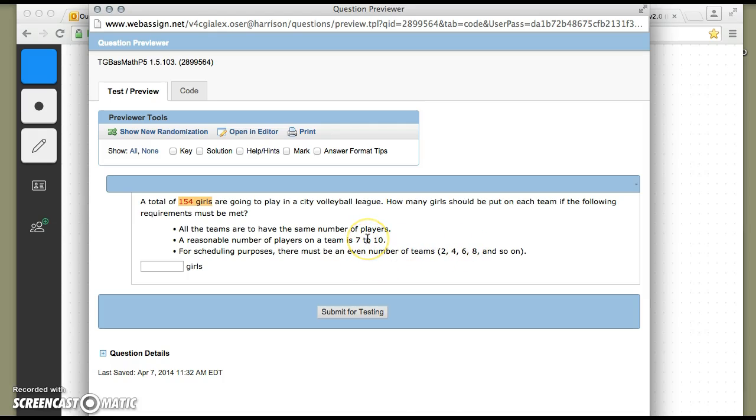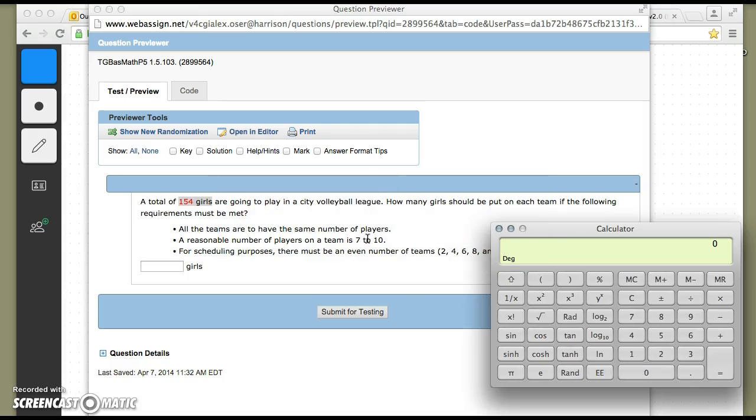Let's get out our calculator, because that's going to help us out the most. We have 154 girls, and a reasonable number of players on a team is 7 to 10 players.